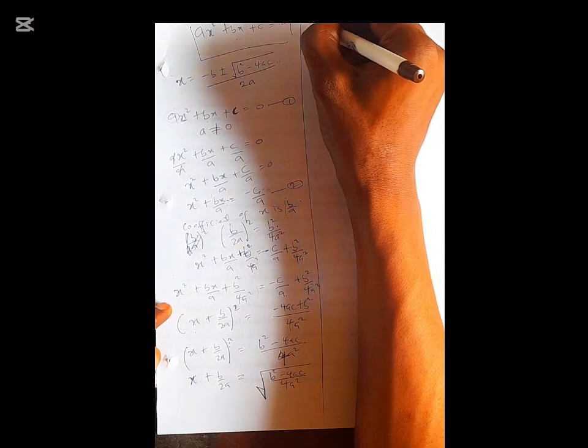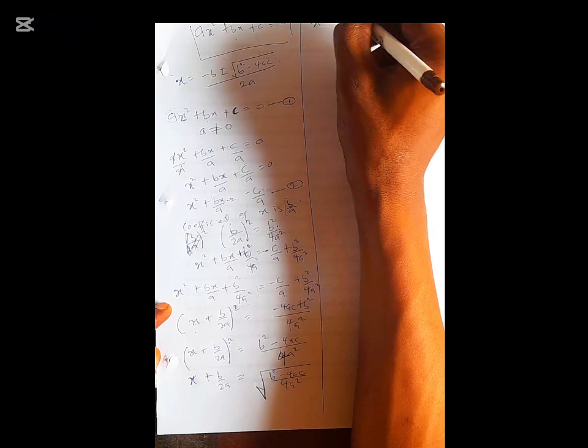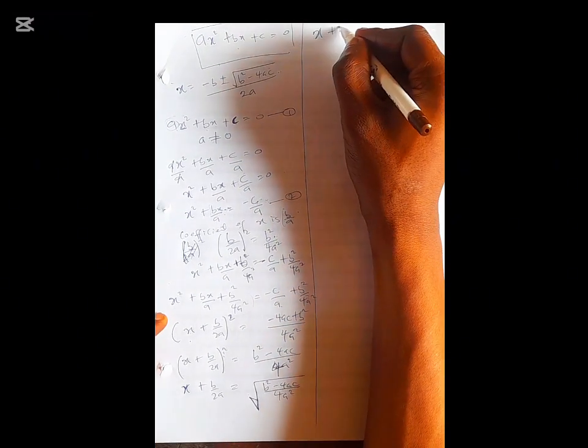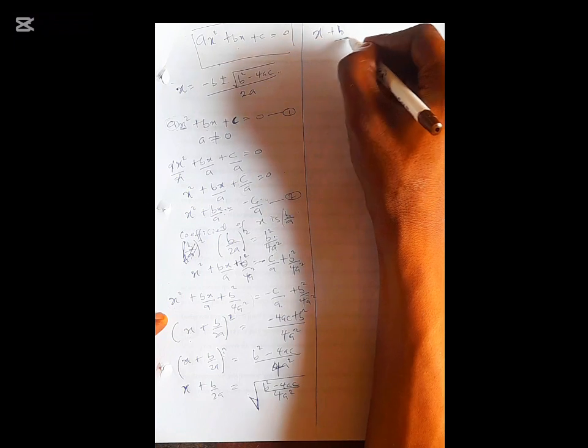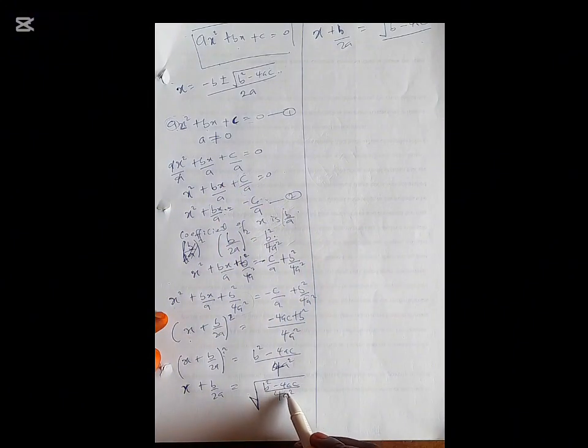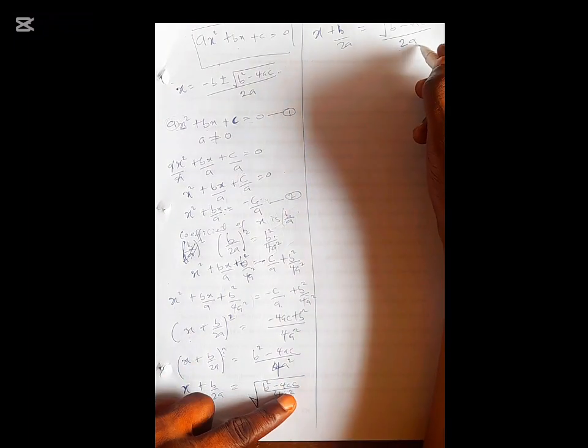We have x plus b over 2a is equal to root b squared minus 4ac. Root 4a squared will give us 2a. Root 4 is 2, root a squared is a.